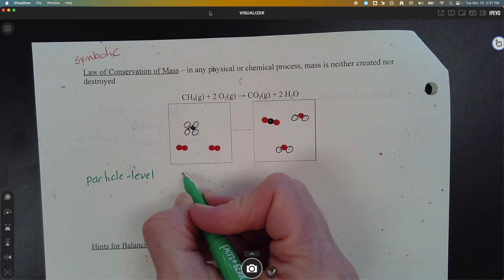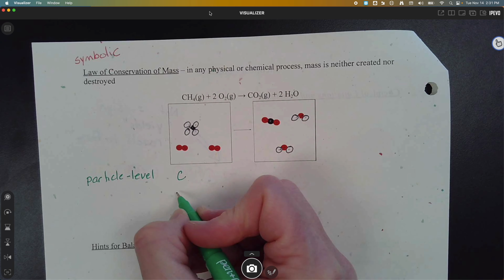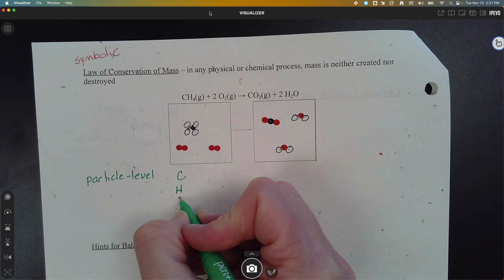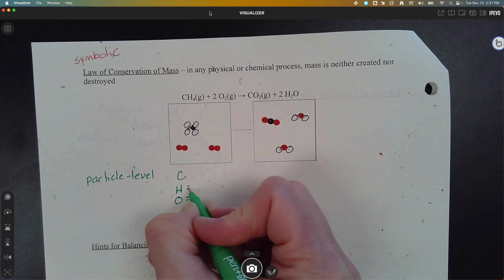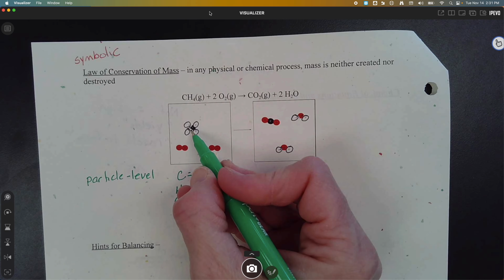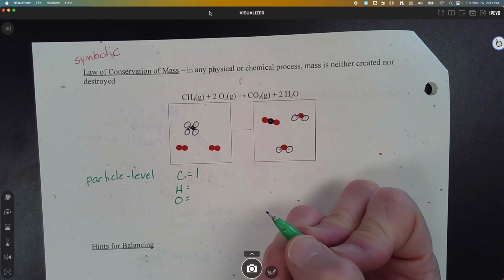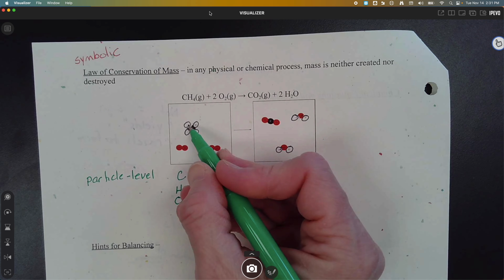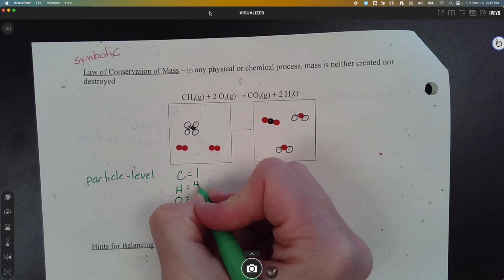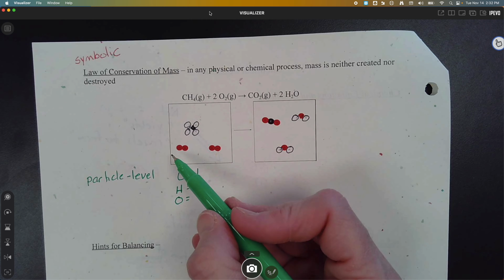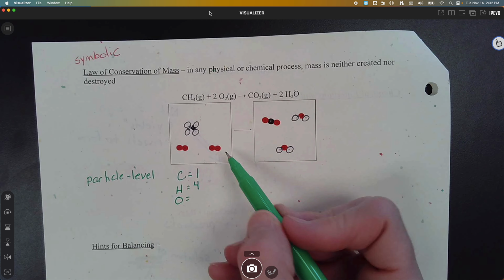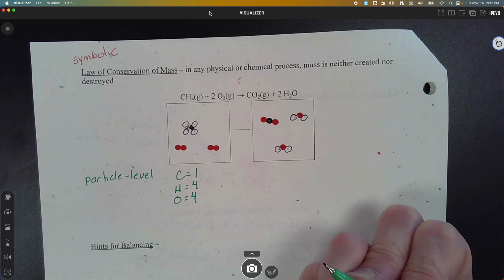And that was just kind of a counting thing. I've got carbon atoms, I've got hydrogen atoms, I've got oxygen atoms. And in the beginning, I have one carbon atom. It's the black one in the middle. 1, 2, 3, 4. I have 4 hydrogen atoms. Oxygen atoms are red. 1, 2, 3, 4. So there's 4 of those.